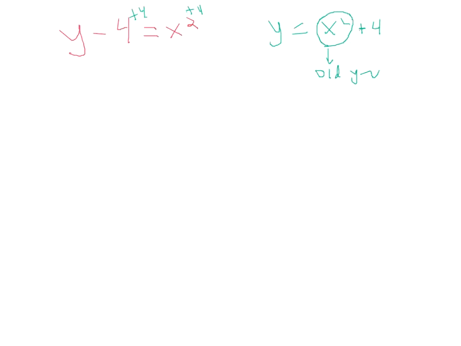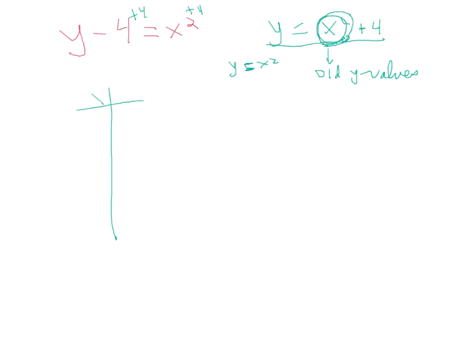And what I mean by old y values was the values that we had from the original graph, y equals x squared. And so you can see there's my old y values. This x squared is my old y value. So this new equation tells me to take the old y values, and add 4. So I'm going to do that.